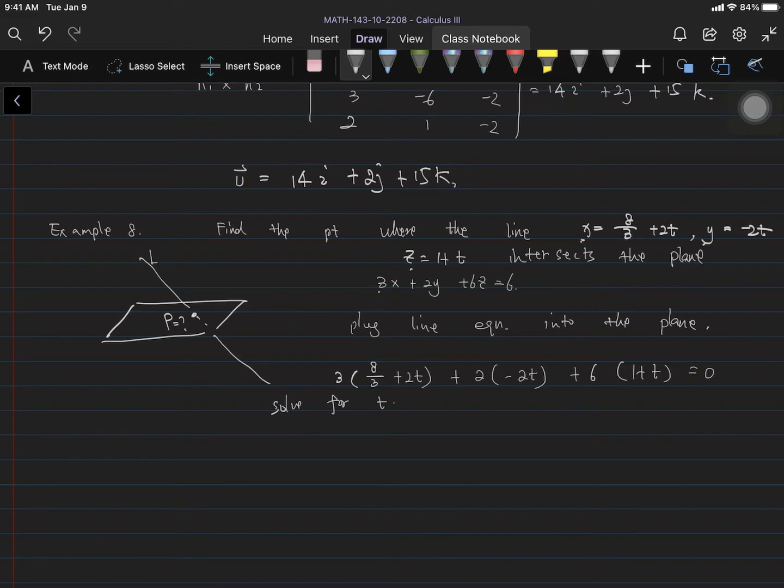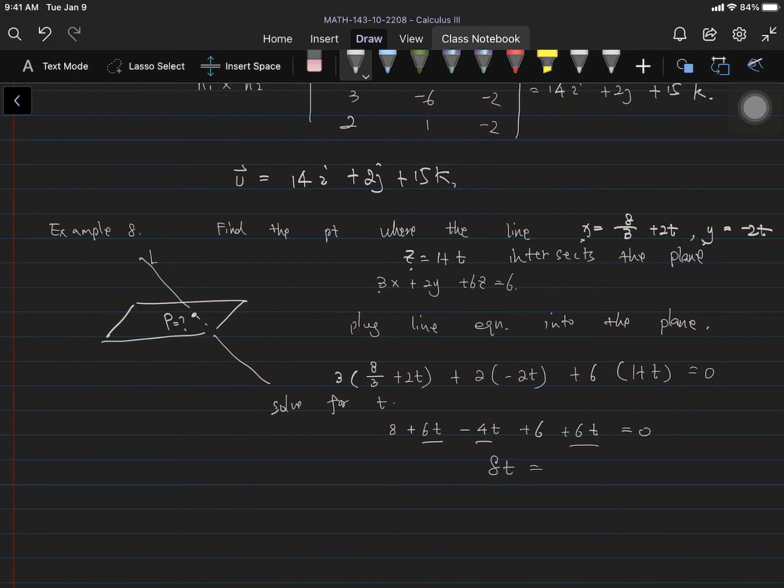So we just solve for t. First we simplify. It's going to be 8 plus 6t minus 4t plus 6t equals 0. Combine those t terms together, and it becomes 8t.